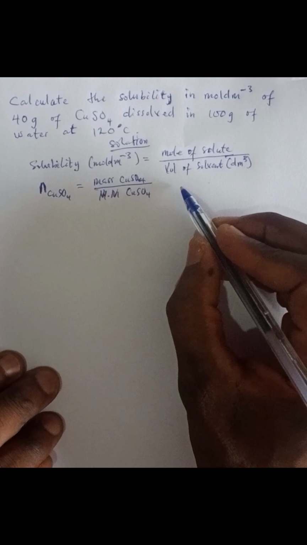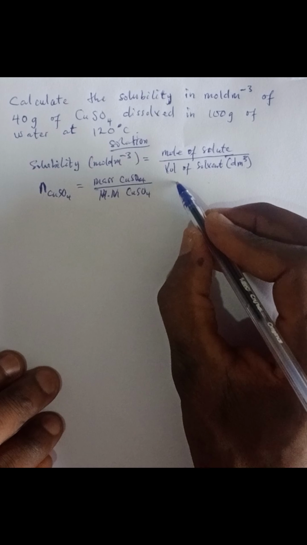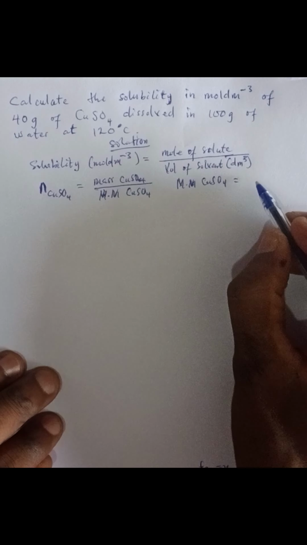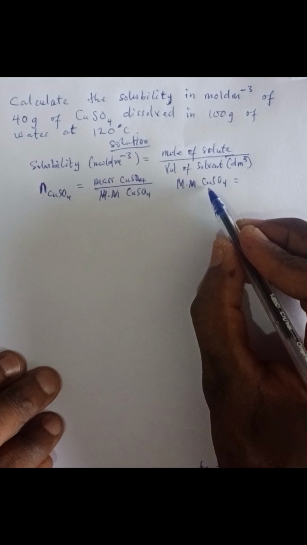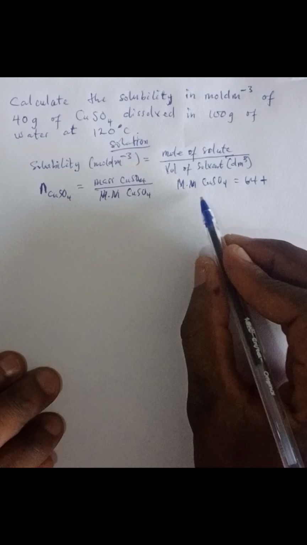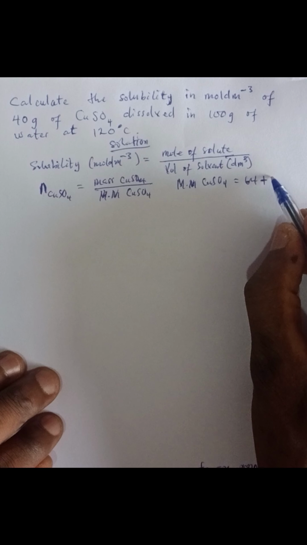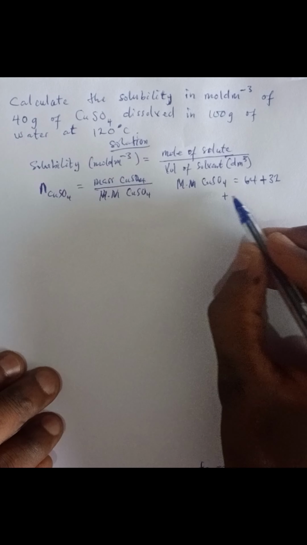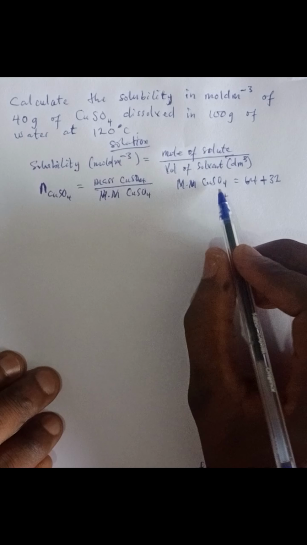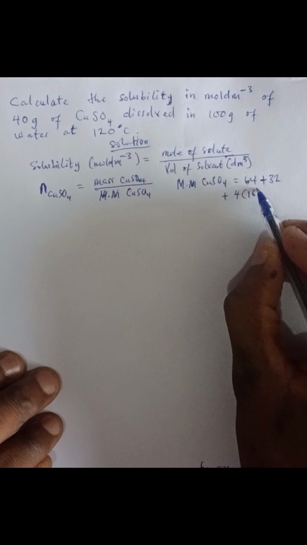Okay, now let's calculate the molar mass of copper sulfate. What's the atomic mass of copper? That is 64, plus we have one atom of sulfur, which has atomic mass of 32, plus we have 4 atoms of oxygen here, and one atom of oxygen is 16. 16 multiplied by 4 will be 64.